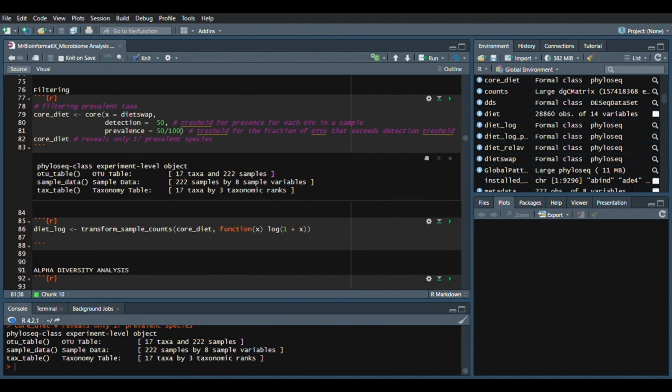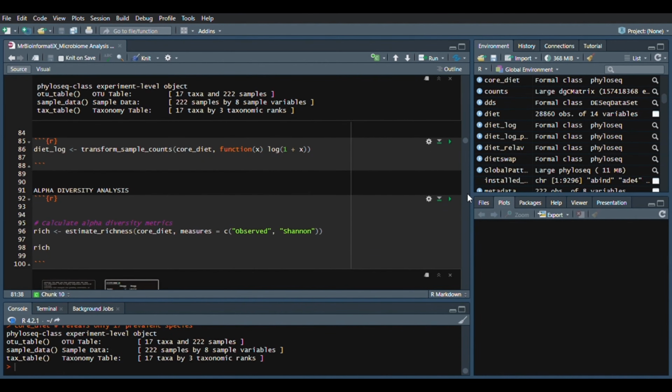Before diving into the analysis of the microbial community, it's essential to prepare our data to ensure accurate and meaningful results. One common pre-processing step in microbial analysis is log transformation, which helps stabilize variance and makes it easier to compare different samples. We will apply log transformation to our filtered dataset using the transform sample counts function from the phyloseq package.